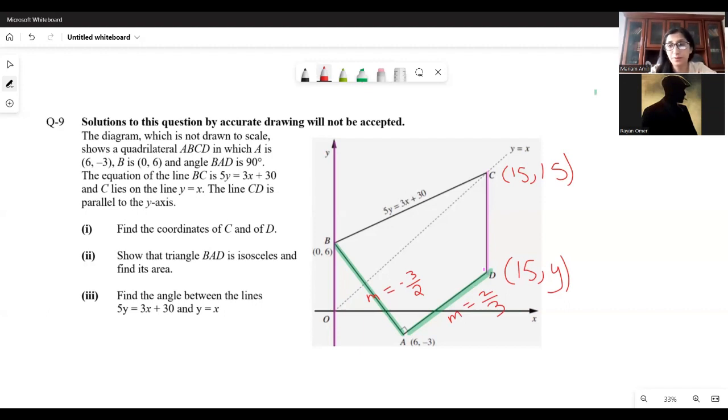I was asking why are we doing this because we're finding the coordinates of D. Okay. So now can you find the y coordinate of D? You have the slope. So use the formula for slope: 2 over 3 equals y minus y1 over x minus x1. So tell me what you get for y.